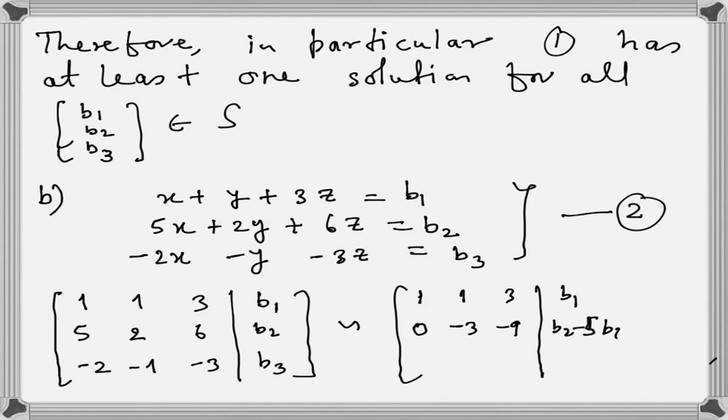Similarly, I'll take this operation, r3 is r3 plus 2r1. So this becomes 0, then minus 1 plus 2 becomes 1, minus 3 plus 6 becomes 3, and b3 plus 2b1.